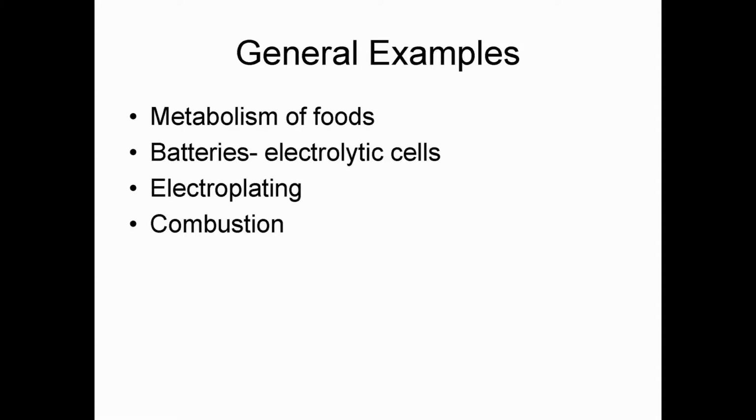Electroplating is a process where metals, or even in some cases plastics or other materials, are coated with a layer of metal, usually copper or zinc or other metals, to protect whatever material. And in all combustion reactions, there will be a redox reaction, most notably combustion of hydrocarbons.